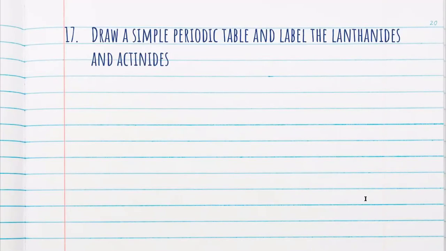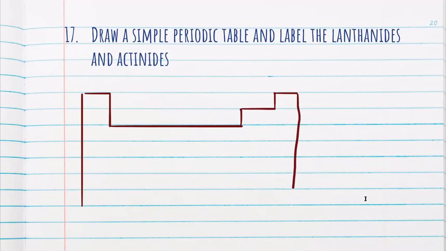Now, for our last question, it says, draw a simple periodic table and label the lanthanides and actinides. So again, I'm just going to draw my outline. The only difference that I'm going to make is that I'm going to add a little sliver here, and I'm going to draw my lanthanides.